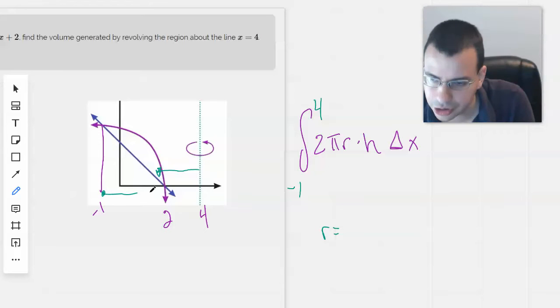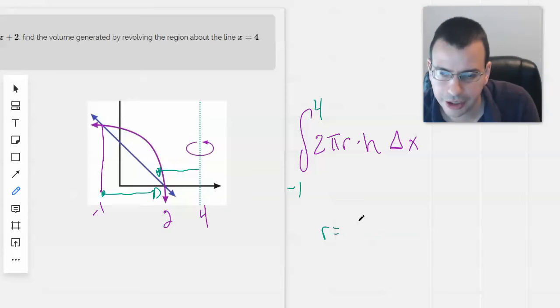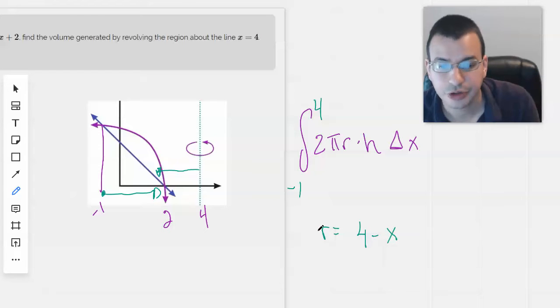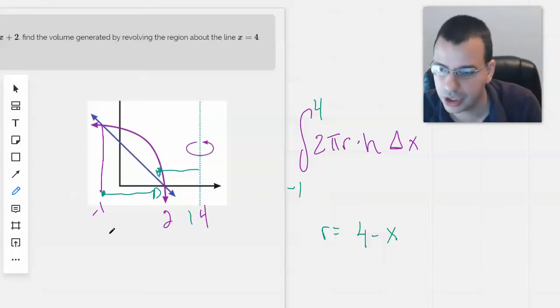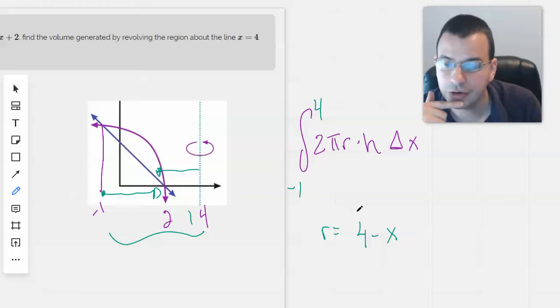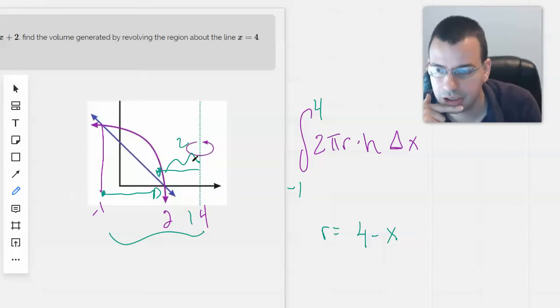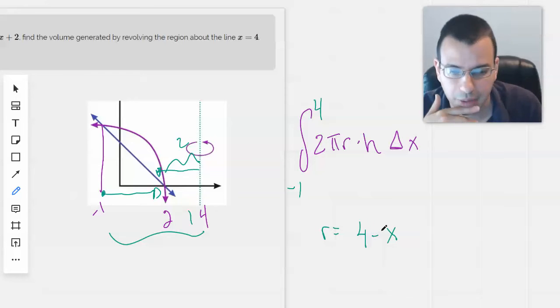So x will start here and go this way. It will be the value 4 minus x. So when x is negative 1, it'll be 4 minus negative 1, which will be 5, which makes sense. The radius here will be 5. But when x is 2, it will be 4 minus 2, which would be 2. So this radius here would be 2, which seems reasonable. Okay, I'm good with this. R equals 4 minus x.